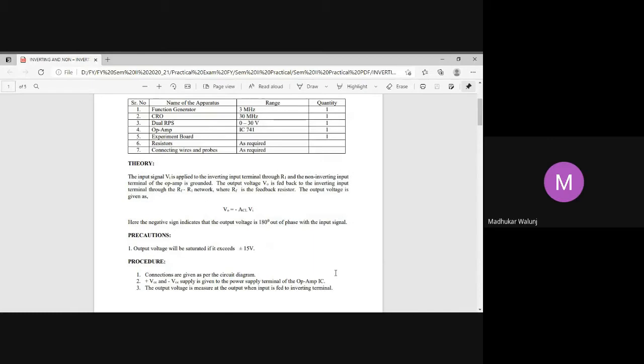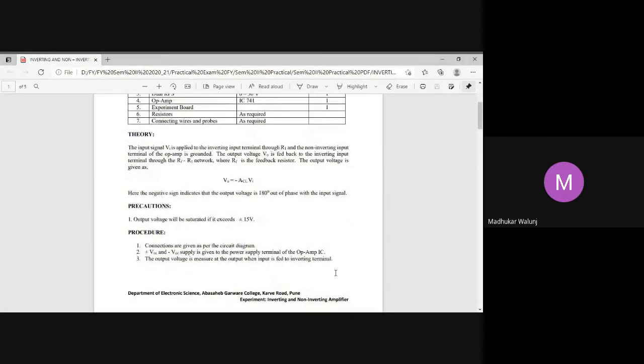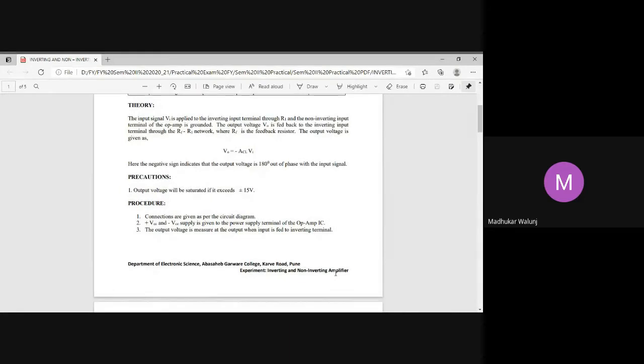In doing this experiment, we are going to take a precaution that the output voltage will be saturated if it exceeds plus minus 15 volt. Why is it so? Because the amplifier takes the voltage from the supply to have an output, that is amplified output.